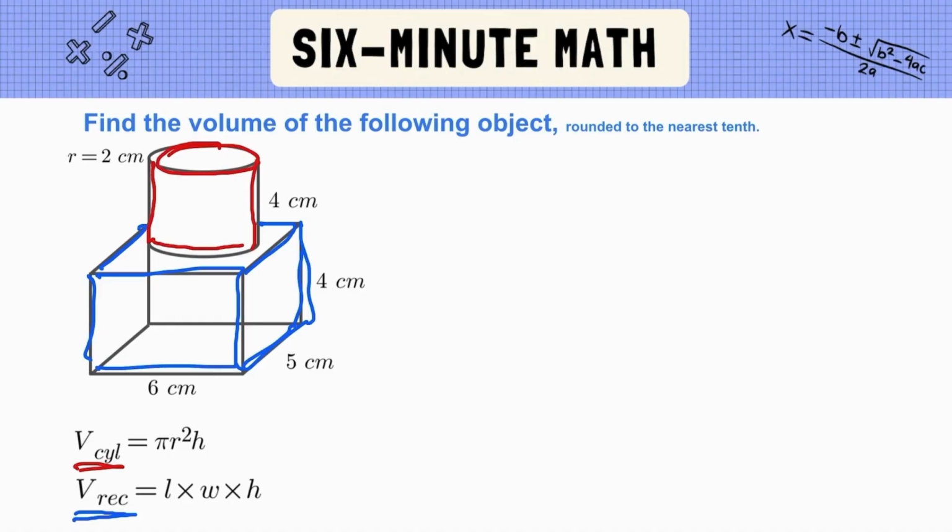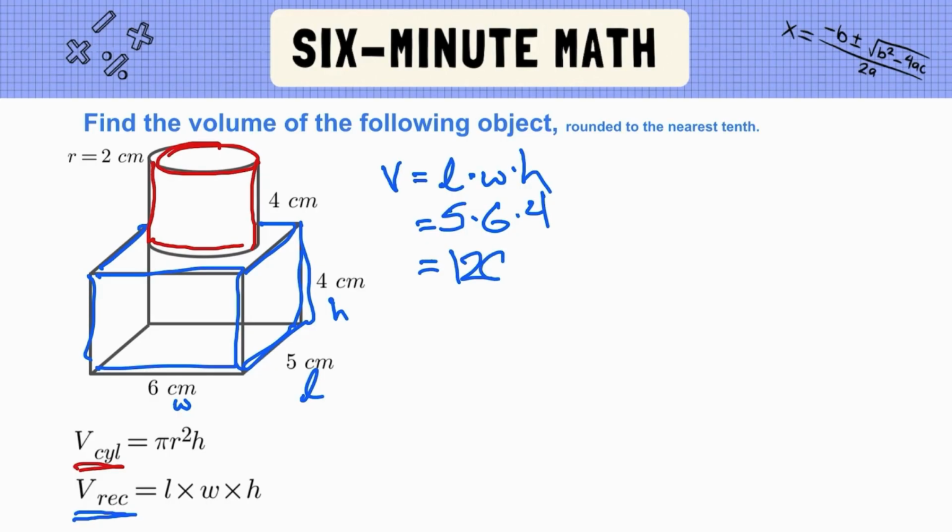For our rectangular prism, we have a length, a width, and a height. So I'm going to take those and put them into my formula. So that volume is equal to 5 times 6 times 4 for a rectangular prism volume of 120.